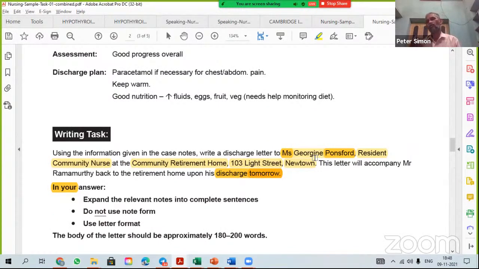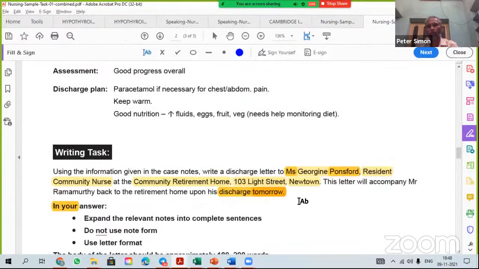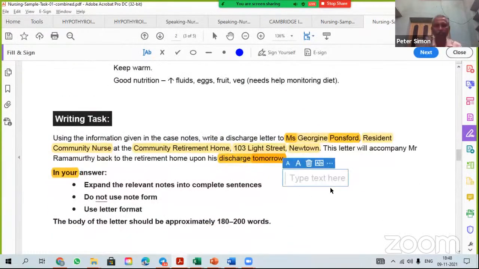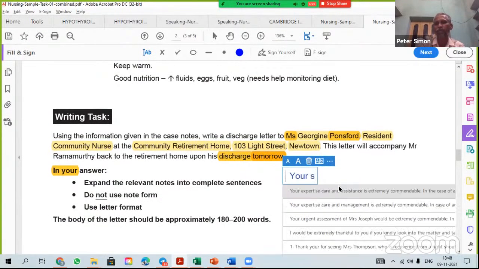Are you writing to the person with a name? Are you writing to the person with a professional name? Are you writing to just a dear sir or madam? That depends. If you know that the person's name is Miss Georgine Ponsford, then you will write yours sincerely.